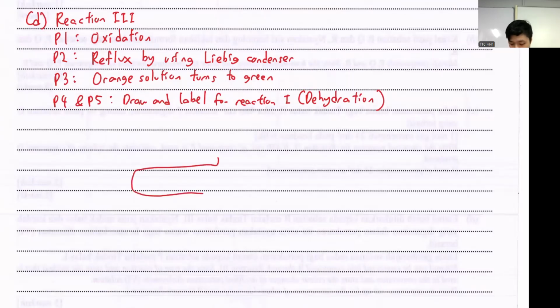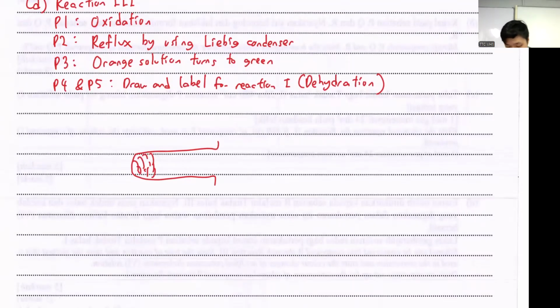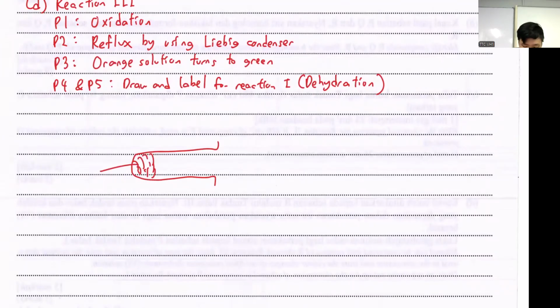So remember this part. You have the boiling tube, inside contains glass wool soaked with ethanol. And then you have your porcelain chips in the middle.